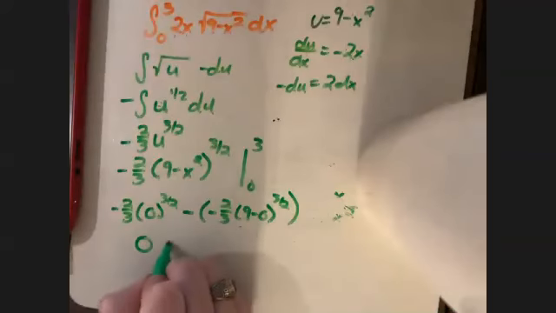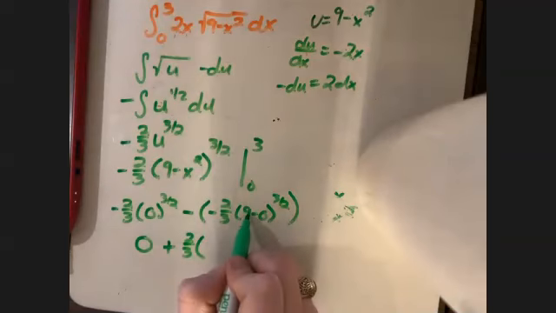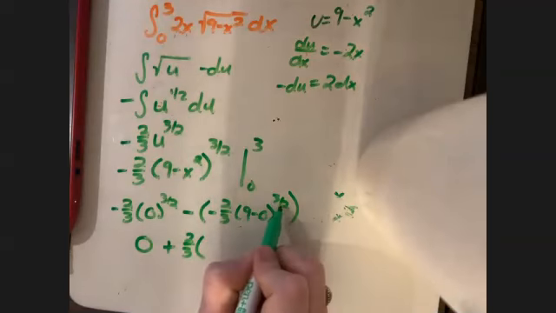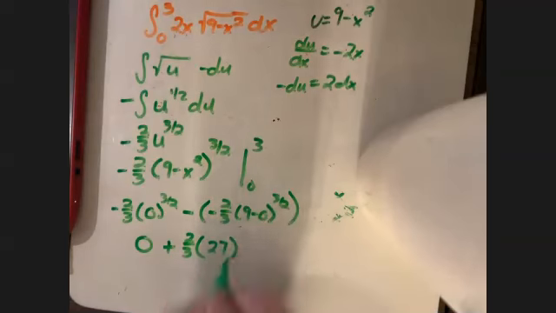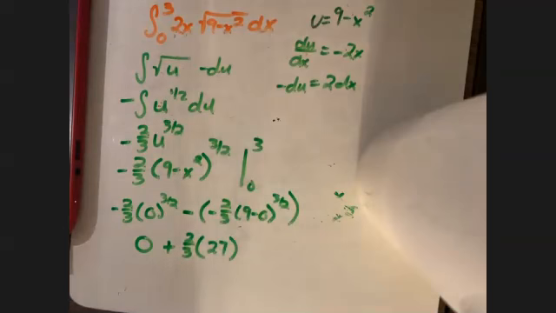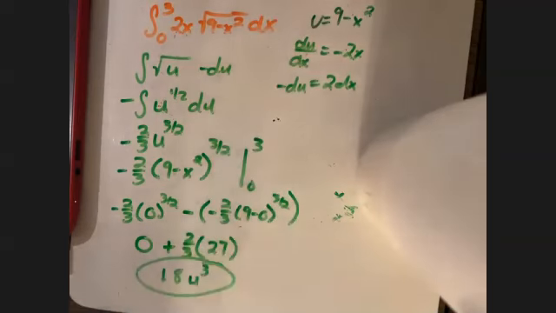We're going to have plus 2/3 times, okay, 9 minus 0 is 9, square root of 9 is going to be 3, and then cubed is going to be 27. And then 2/3 of 27 is going to be 18. And this, it doesn't specify, so units cubed. Because we do need to make sure that we're doing appropriate units.